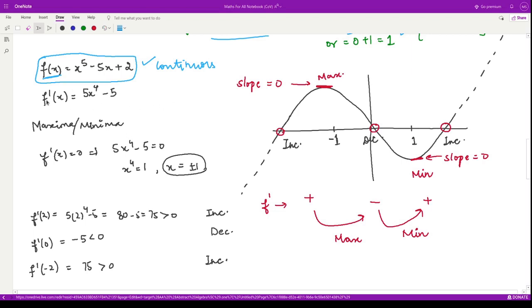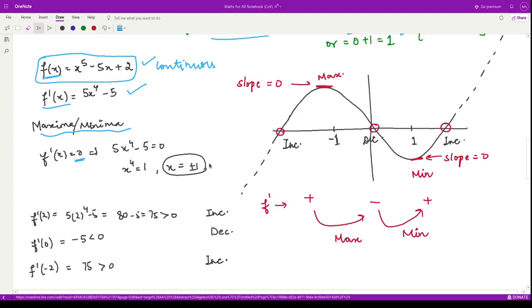To check maximum and minimum, we calculate the derivative of this function. This comes out to be 5x raised to power 4 minus 5. To find the points of maximum or minimum, we equate this derivative to 0.